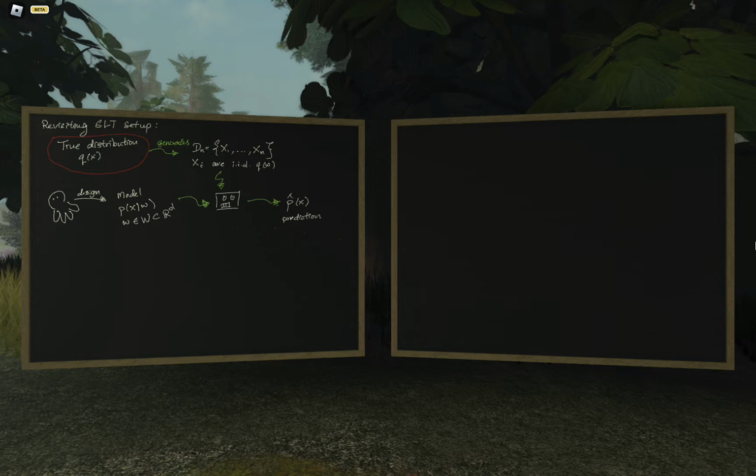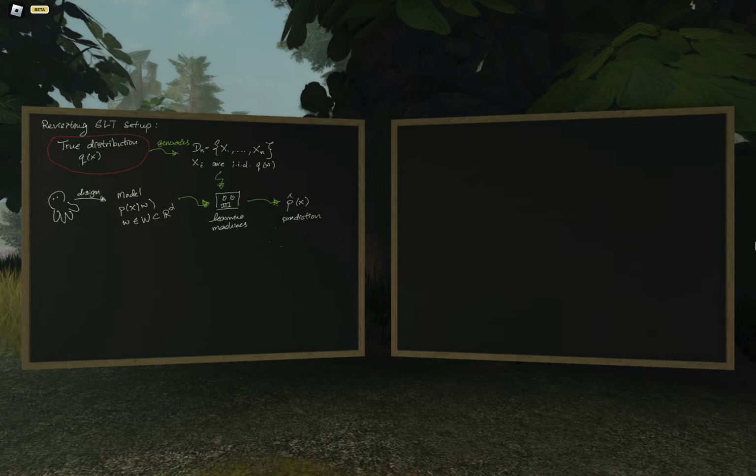And the theoretical properties of this diagram, of this learning machine, is the setting of statistical learning theory, right? For what kind of model, what model works well for different types of learning machine, for what true distribution.